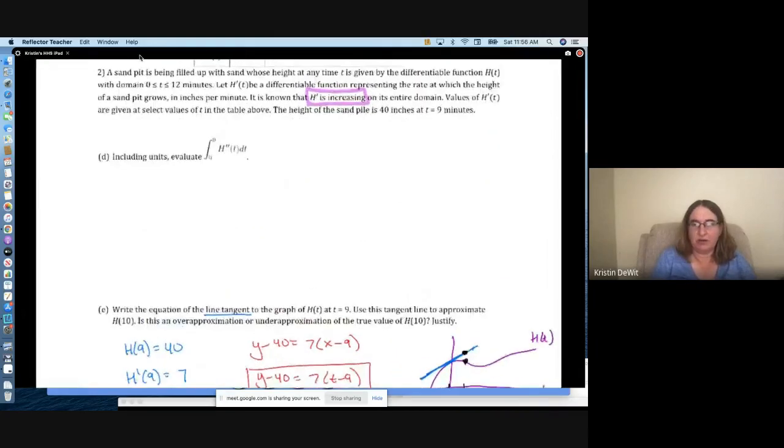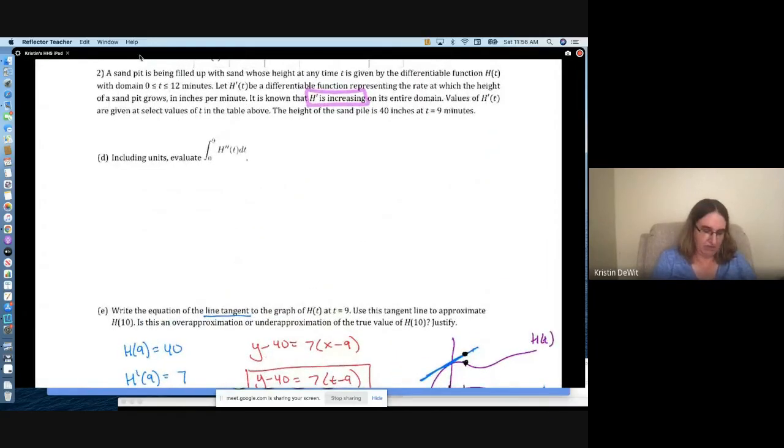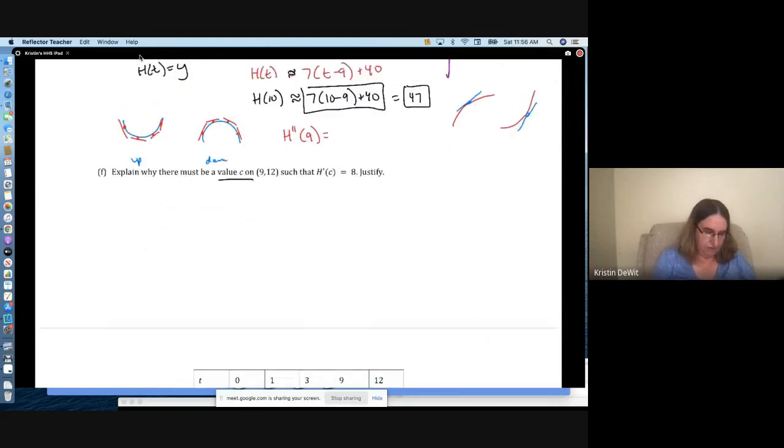If h prime is increasing, remember, think of the word increasing as your derivative of whatever you're talking about. So if it's increasing, then we know it is positive. So h double prime is actually, I can't say equals because we don't know, but we know it is greater than 0 since h prime is increasing.